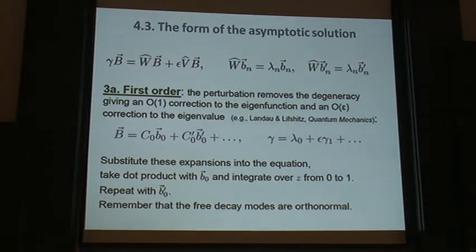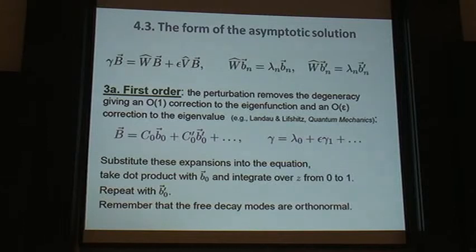So let's plug this back in. On the left I will get gamma naught plus epsilon gamma 1 times C naught B naught plus C naught dash B naught dash, is equal to W times this, which will be equal to C naught lambda naught B naught plus C naught dash lambda naught B naught dash. This is how I defined my B naughts.